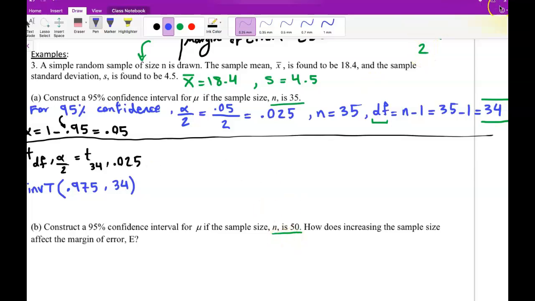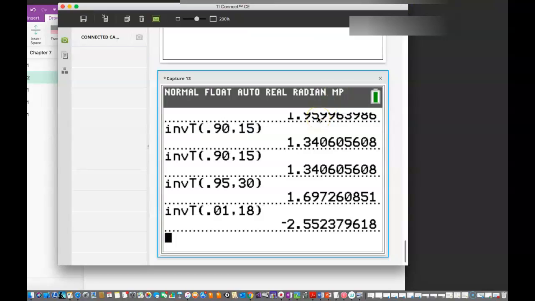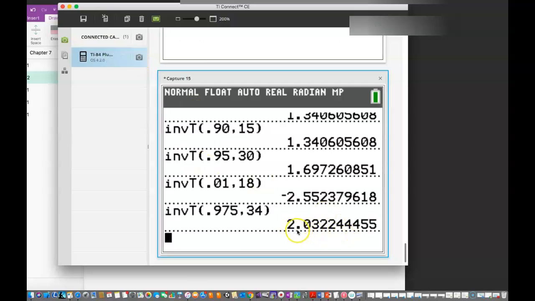Okay, let's enter these. So first, second, choosing number 4. Area is 0.975. Degree of freedom is 34. So we have these. Then enter. Okay, the answer is 2.0322.